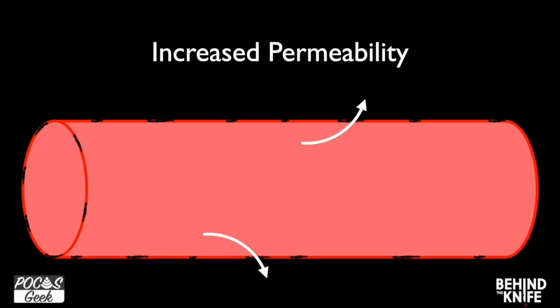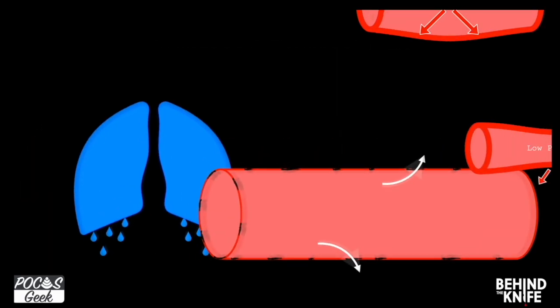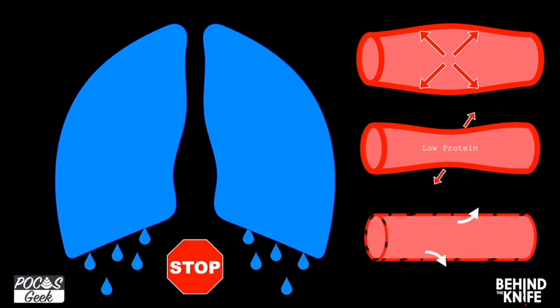And finally, this especially happens when we have inflammation or injury, and we have increased permeability of the vessel. This is in order for the body to fight infection or to get inflammatory cells into the area to heal.